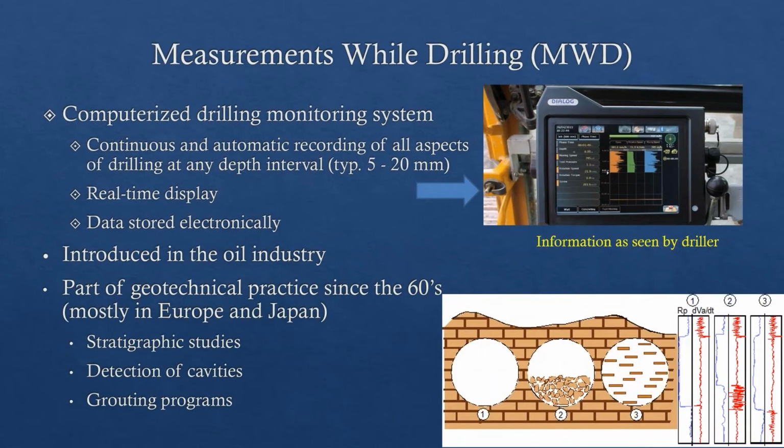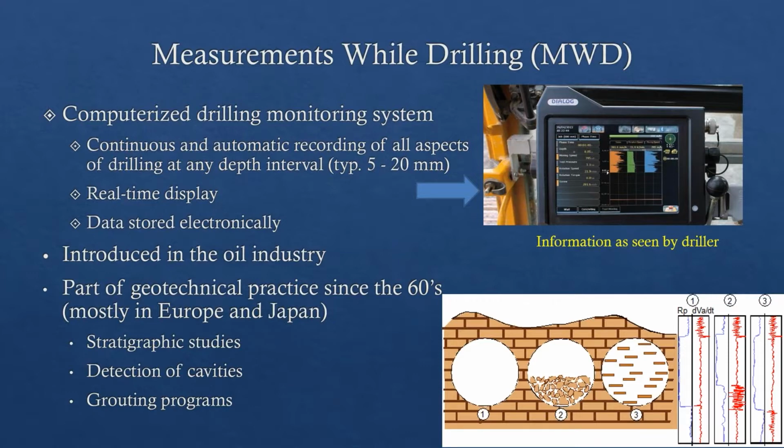So let's talk about MWD, so measurements while drilling. Essentially, it's a computerized drilling monitoring system that continuously and automatically records all aspects of drilling at any depth interval that you wish to select. So typically it'll be between 1/2 inch and 3/4 of an inch interval.